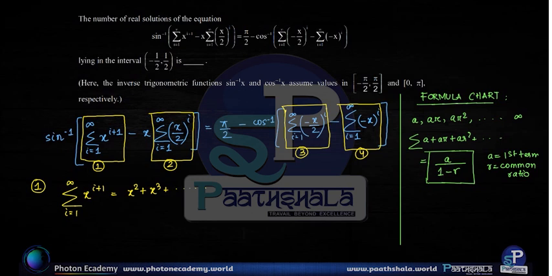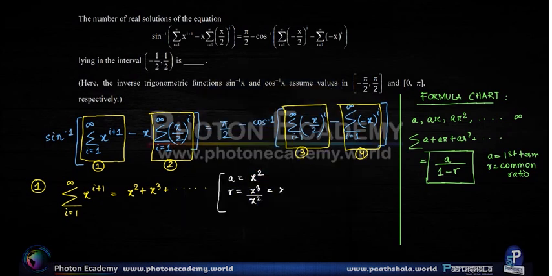We denote the first term as a. a is equal to x square, and the common ratio is equal to x cube by x square, which is x. So the summation turns out as x square divided by 1 minus x.